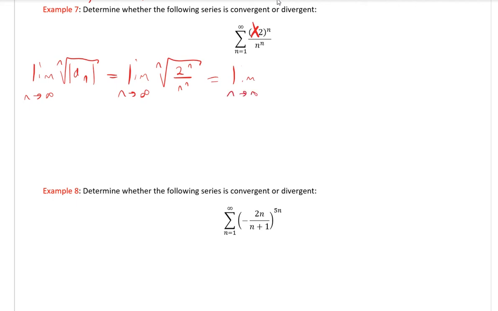So what we have here is the limit of 2 to the n, taking out the power, you just have 2, divided by n to the n, taking out the power, we just have n. And this limit goes to 2 over infinity, that goes to 0. Now remember, the ratio and root test have the same conclusions. 0 is less than 1.